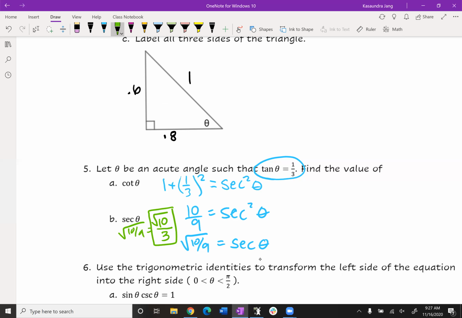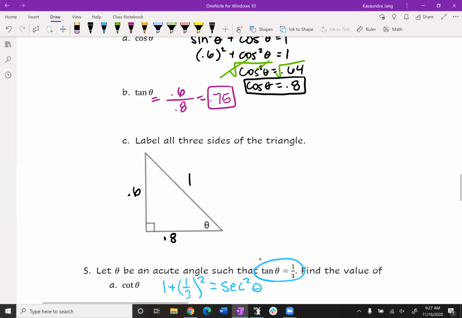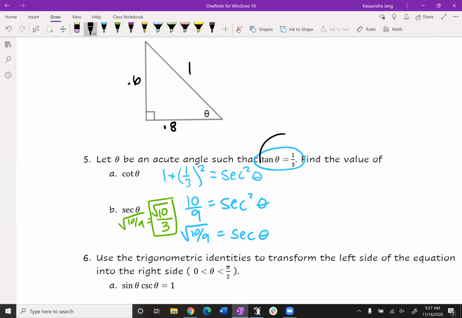I think the cotangent actually was a bit easier. I actually didn't even need the formula. And so let's look at our identities up here. My cotangent is 1 over tangent. It's like the reciprocal of my tangent. And because they gave me tangent, I'm just going to do the reciprocal of that for my cotangent. All right, so Sky, I'm going to come back to you. What is the reciprocal of this tangent?